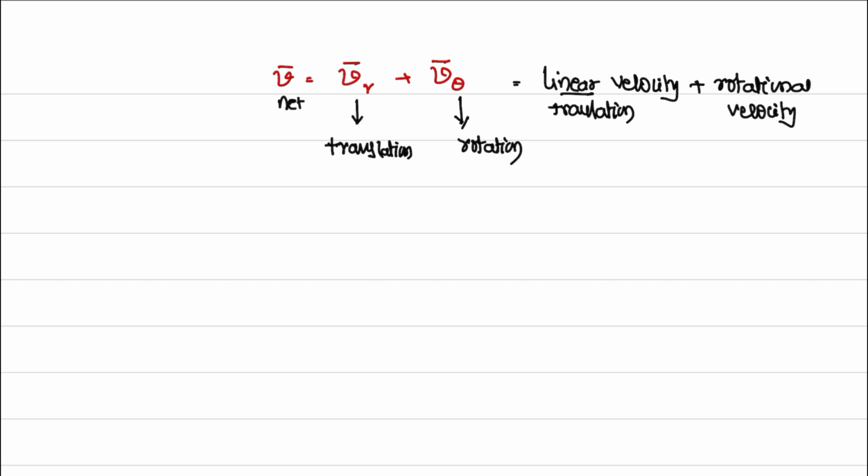And the final equation will be V bar, the net velocity, is equal to dr by dt, that is on the basis of the displacement, multiplied by unit vector r, plus r into d theta by dt multiplied by unit vector theta.